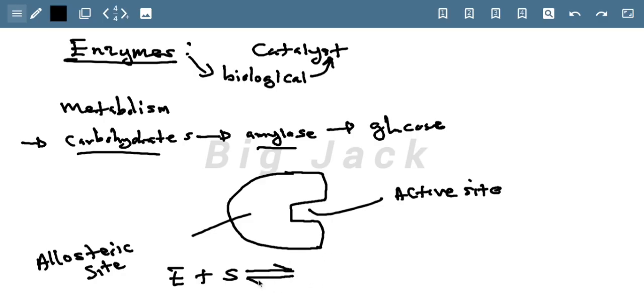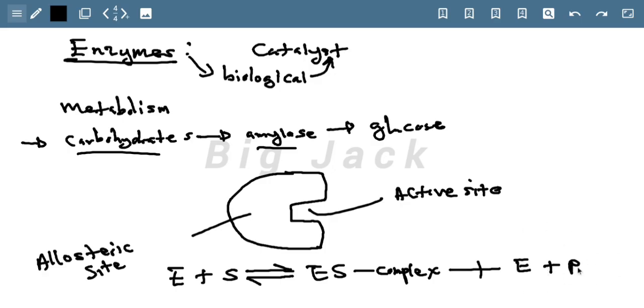Let's say we are reacting an enzyme and a substrate. Here, what are we going to have? We are going to have an enzyme substrate complex. This is going to be broken down into an enzyme as well as product.